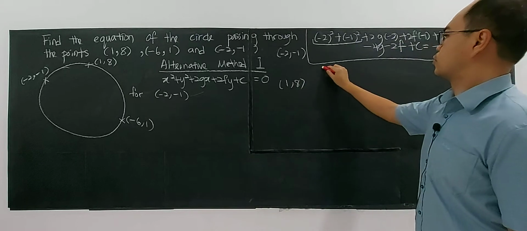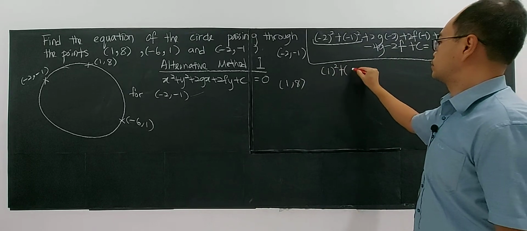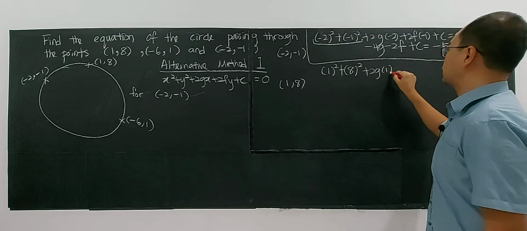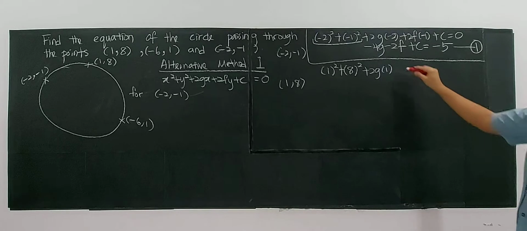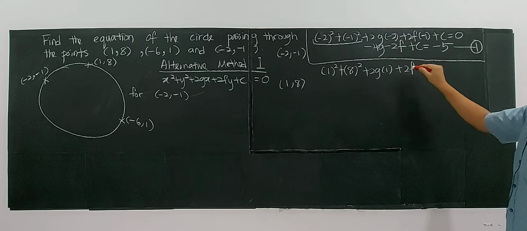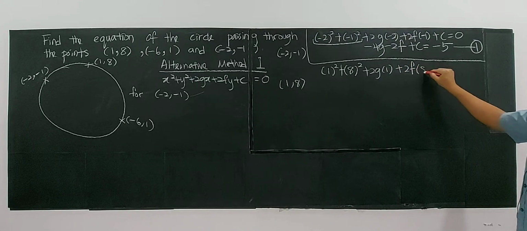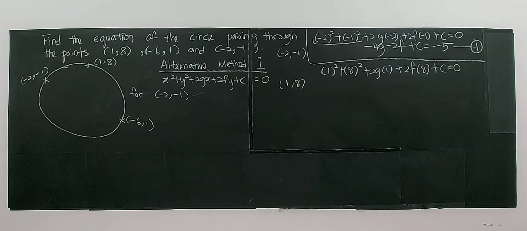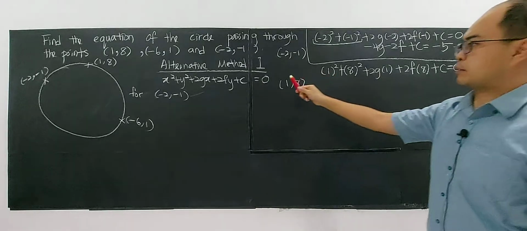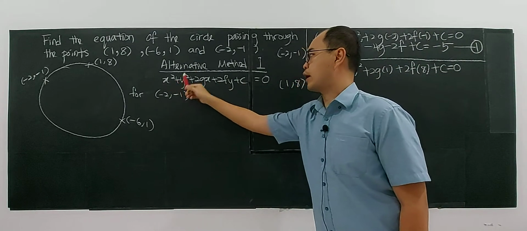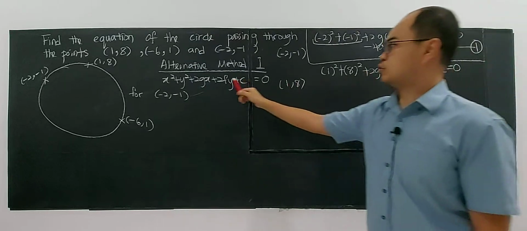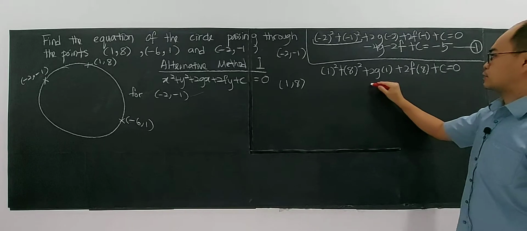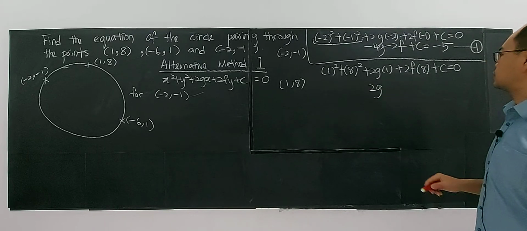So 1 to the power of 2 plus 8 to the power of 2 plus 2g(1) plus 2f(8), the y value 8, plus c equals 0. You can double check: we substitute into the formula, x squared, 1 squared, 8 squared, plus 2g(1), 2f(8), plus c equals 0. So we get the second equation that relates g, f, and c.